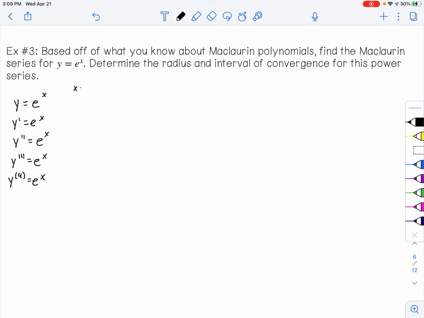And if I plug in x of 0, all of these are just going to be 1s. So my Maclaurin series is going to be the first value, 1, plus 1 times x plus 1 times x squared over 2 factorial plus 1 times x cubed over 3 factorial, plus we could go out to the fourth term.